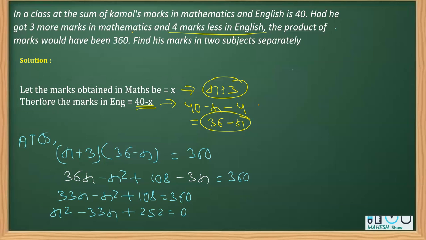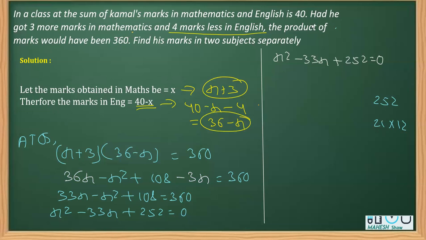Once we are done till here, then the next thing that we are going to do is to solve to obtain the answer. So I'm just once again writing this here. This is x squared minus 33x plus 252 equal to 0. Now we need to factorize this. 252, it's 21 into 12, right? That's correct.